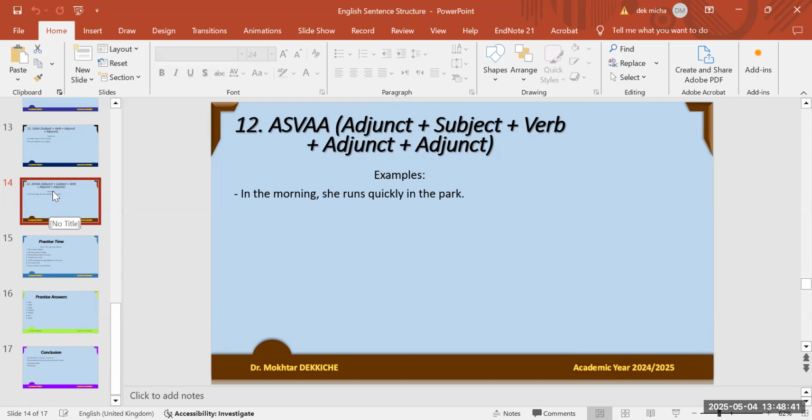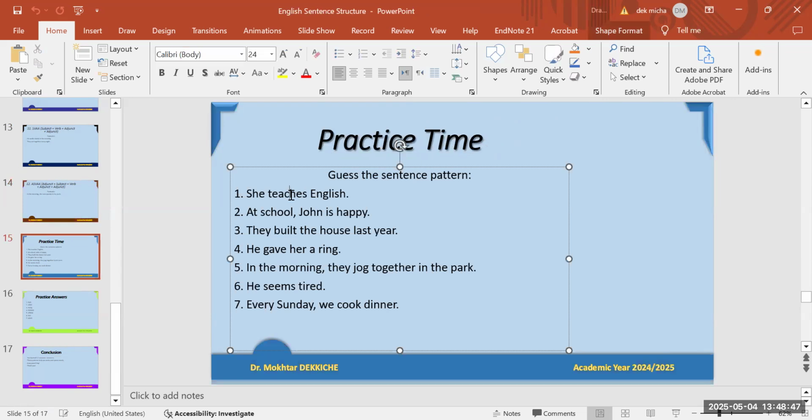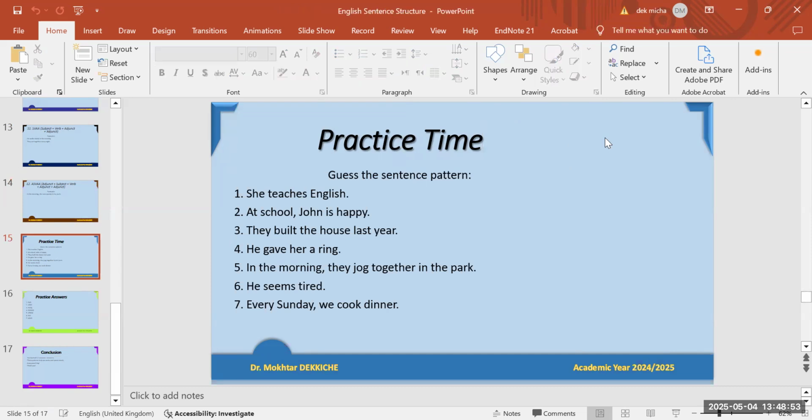If not, let's go to practice time and try to read these sentences and guess which structures they belong to. Try to review the 11 structures we have practiced, and let's do them together.